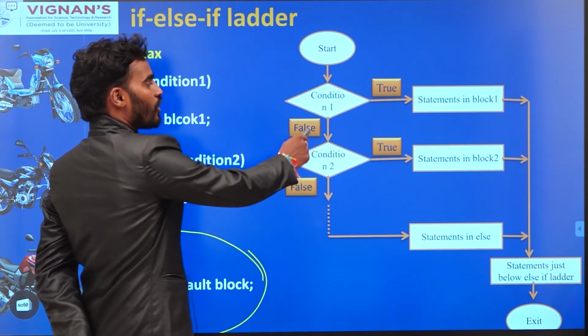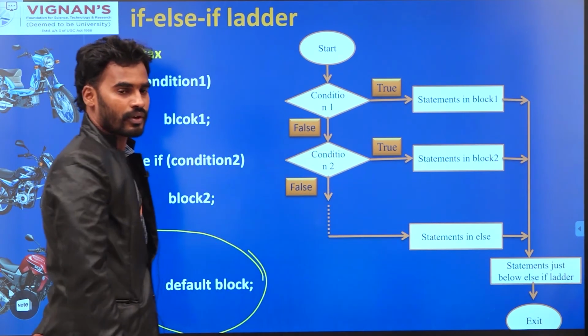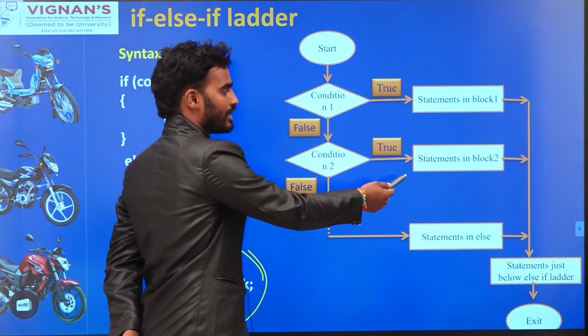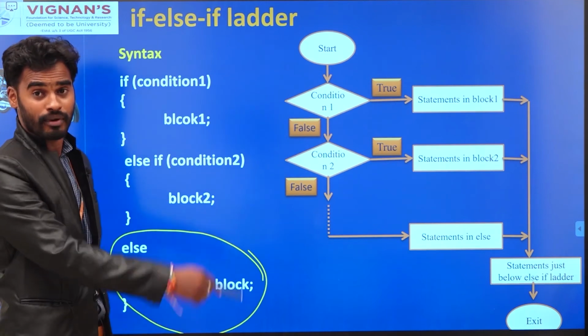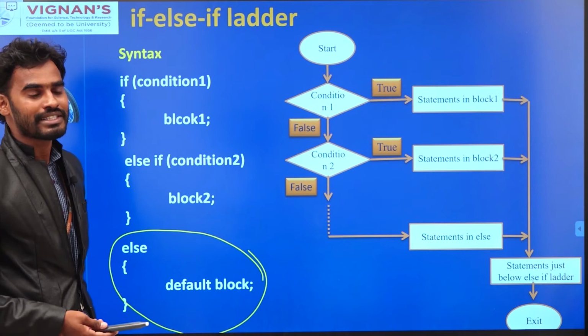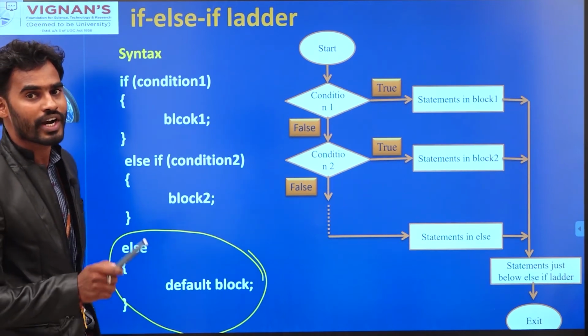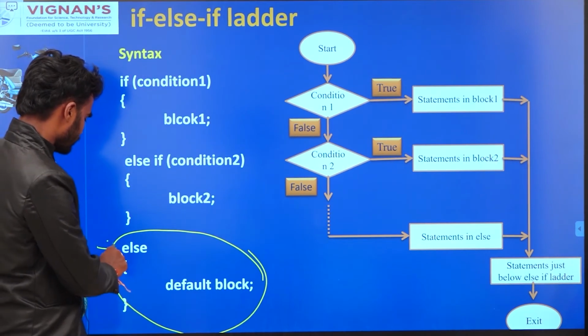If condition 1 is not satisfied, then only it will go for the second condition. If the second condition is true, then the statements in block 2 will be executed, and so on. You can add any number of conditions. If you want to specify some instructions that have to be executed when no condition is satisfied, then you can go with the else block.